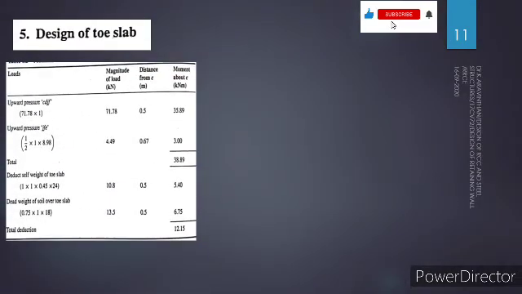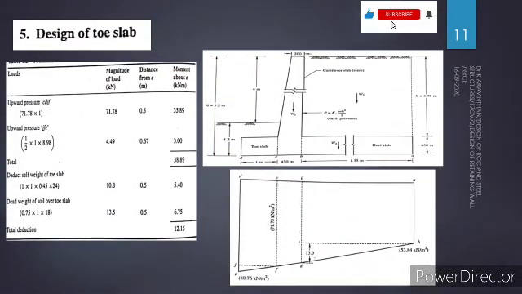For the toe slab also you should go for the stability calculation. Now let us go to the toe part. This is the toe part, so we should find the equilibrium between these two parts. First we shall calculate the force which is coming down to the foundation. What are they?